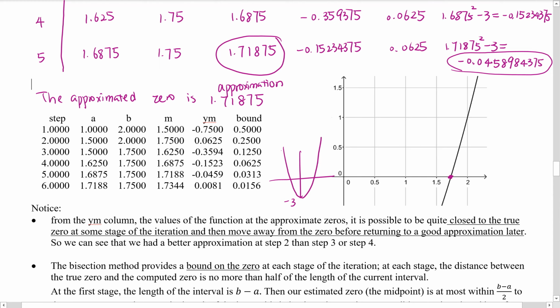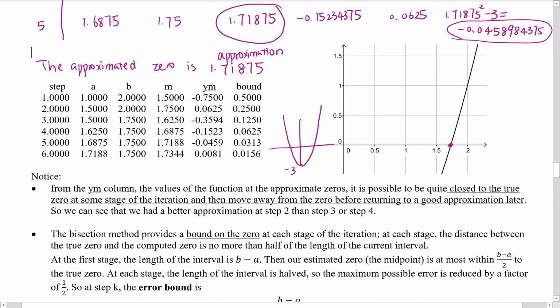Notice from the ym column, the values of the function at the approximate zeros: it is possible to be quite close to the true zero at some stage of the iteration, and then move away from the zero before returning to a good approximation later. We can see that we have a better approximation at step 2 than at step 3 and step 4.